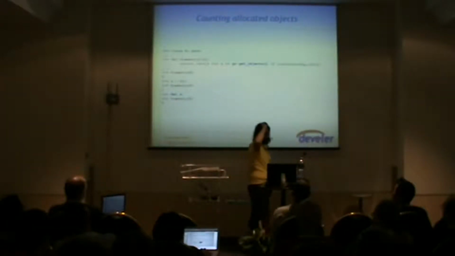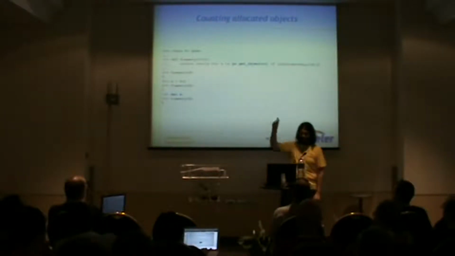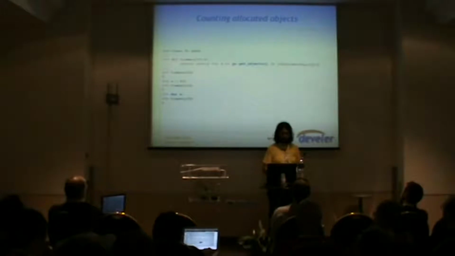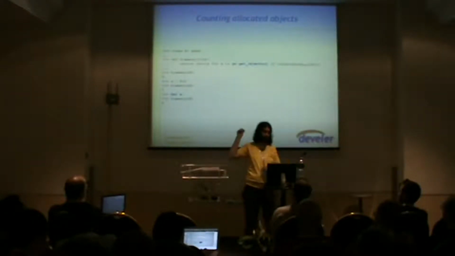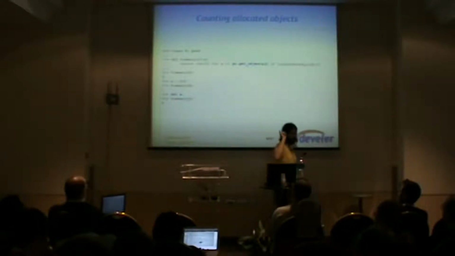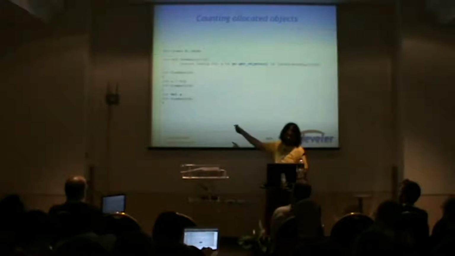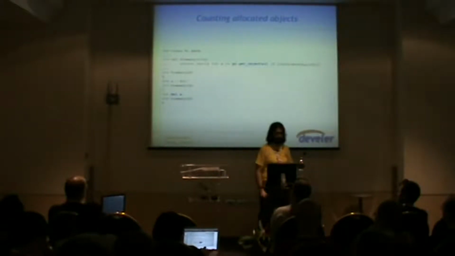Okay, so for instance, there is a dummy class A, and if I just count how many A, it tells me 0. Then I allocate one, how many A, 1. And then I remove a reference through the del statement, del small a, and then there are no more a's in my environment. So how many a's? It's 0. Okay.